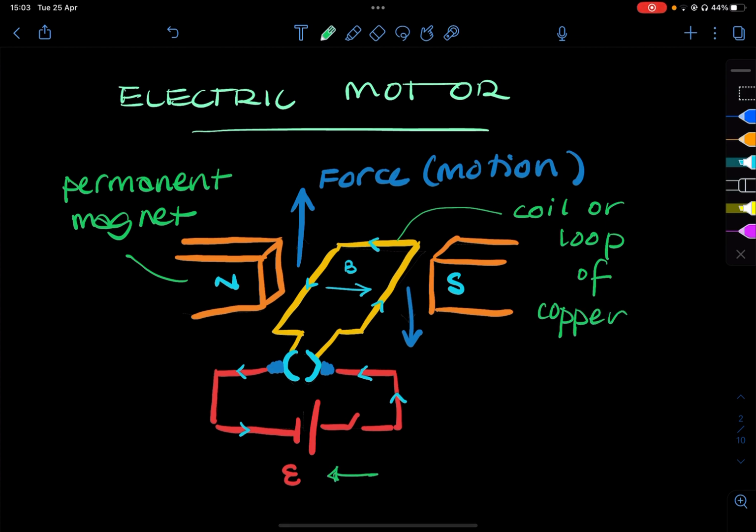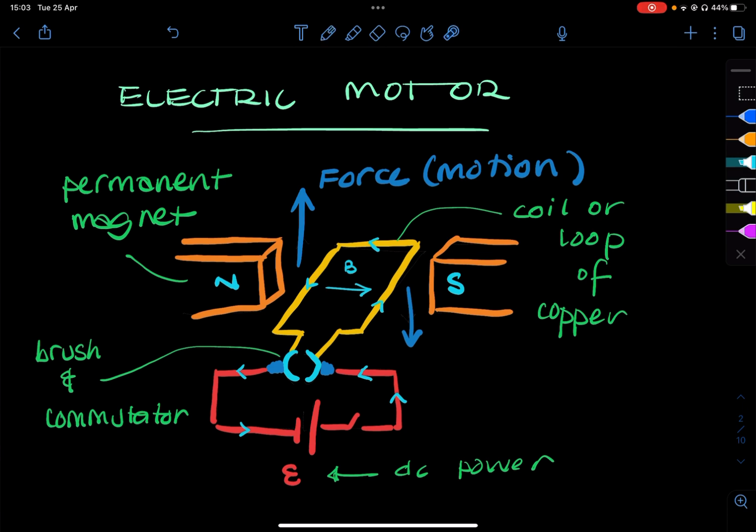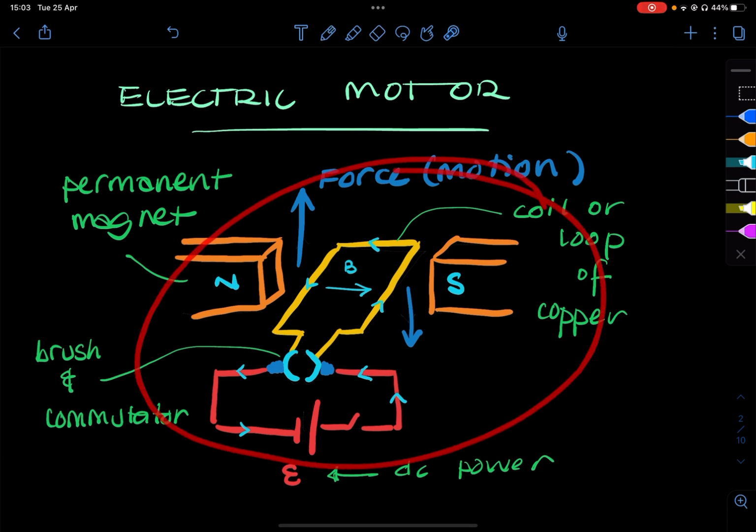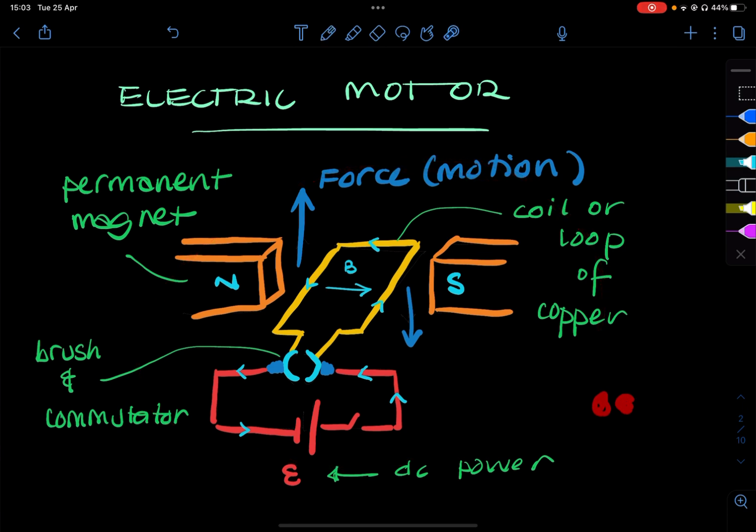You need to have a DC power supply, and you need to have a brush and commutator. Okay, so that should be enough to explain the operation of a DC motor.